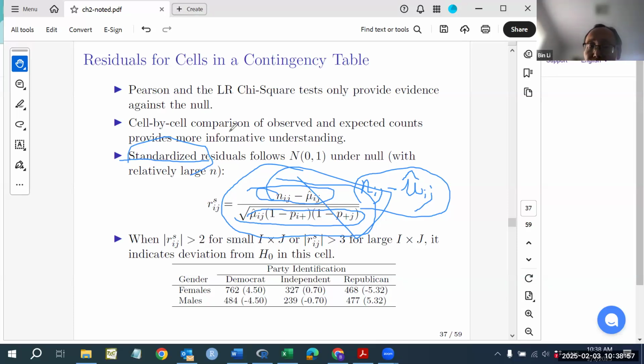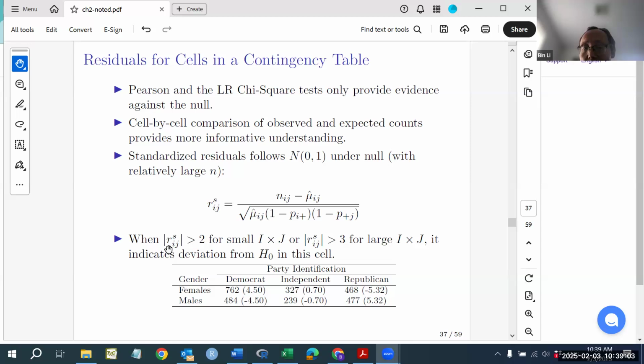And the rule is, when the table size is small, what does that mean? It means the number of rows times the number of columns is small. So we don't have many cells. It's not the counts per cell, it's how many cells we have.